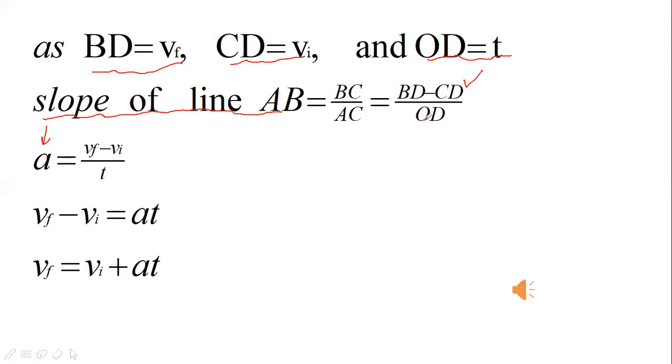And AC is equal to OD. It is also mentioned. This is equal to time, this one is equal to final velocity, and this one is equal to initial velocity.